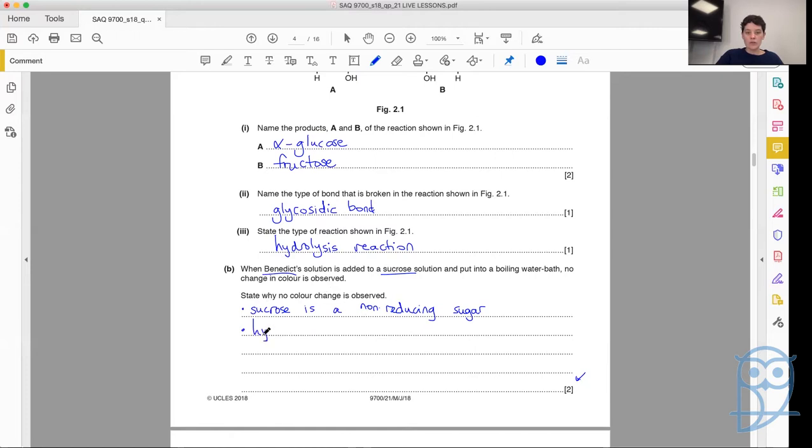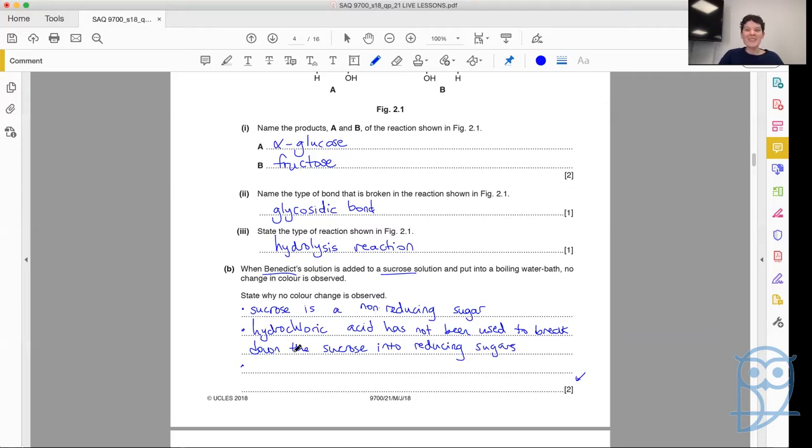So hydrochloric acid has not been used to break down the sucrose into reducing sugars.